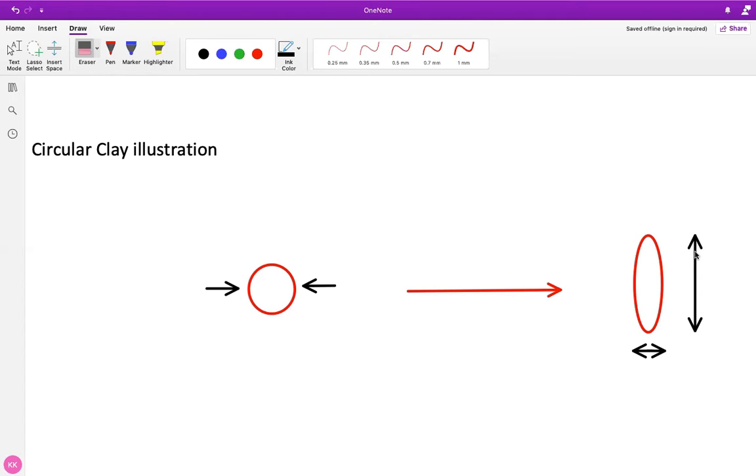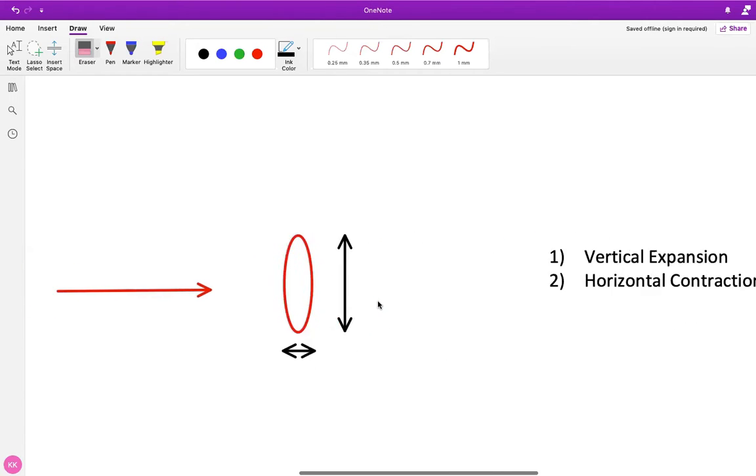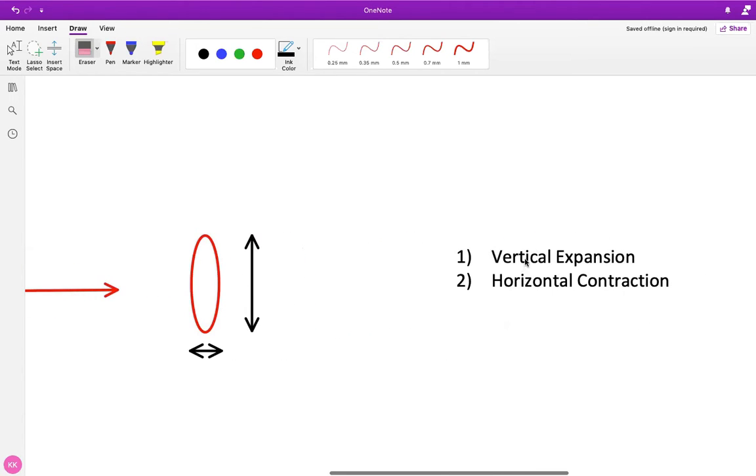The vertical component of this ellipse becomes larger, but the horizontal component is smaller than the circle. So I can claim that this shape underwent vertical expansion and also horizontal contraction, because the vertical component becomes larger and the horizontal component becomes smaller. I have these two terminologies to describe the shape.